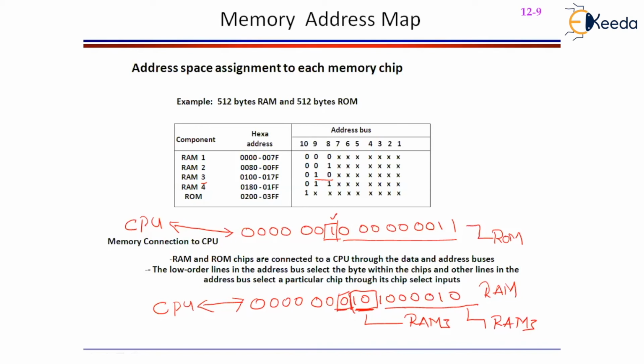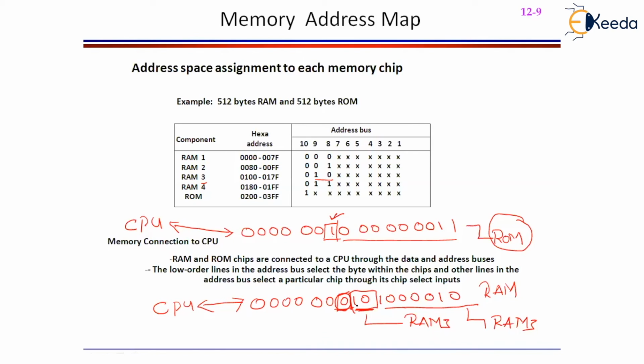Once again, just look at the address reference and identify the 10th digit. If the 10th digit is 1, then fine, the remaining 9 digits will give you the address in the ROM. When the 10th digit is equal to 0, it falls under a RAM. But which RAM? Just check the 9th and 8th digits.